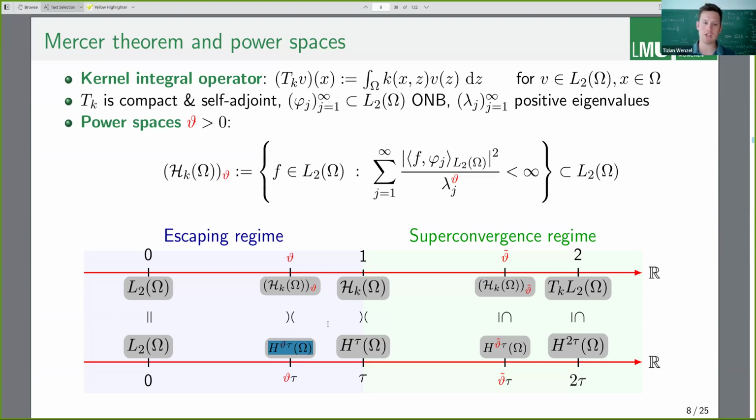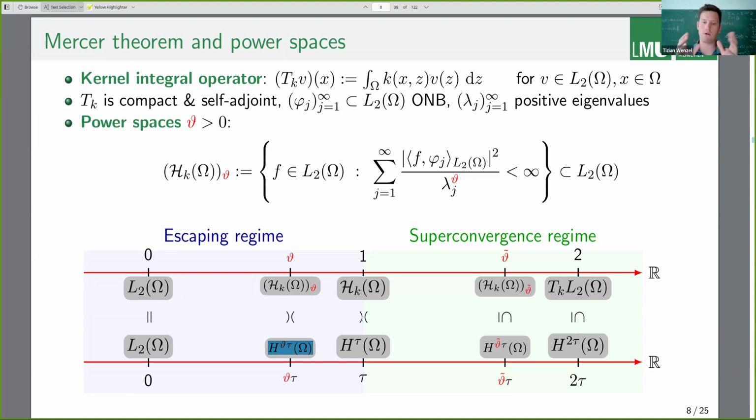By interpolation arguments, so we do interpolation between spaces here. If we interpolate this space with that space here, we end up with the power space in the middle. The same can be done for the interpolation of the Sobolev space and the L2 space, and we obtain the space of reduced Sobolev smoothness.